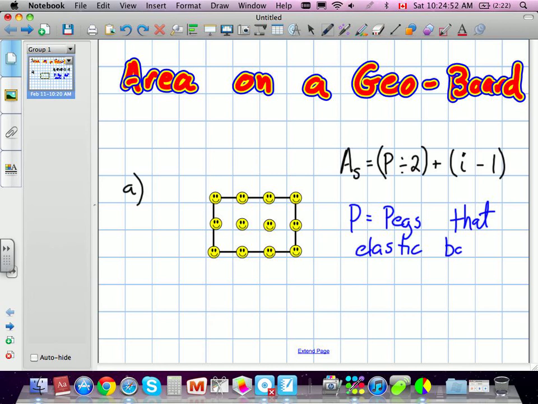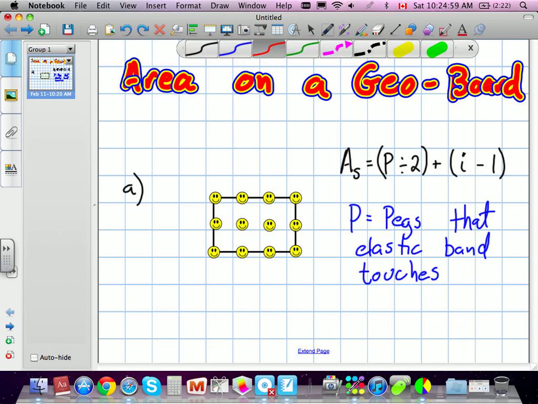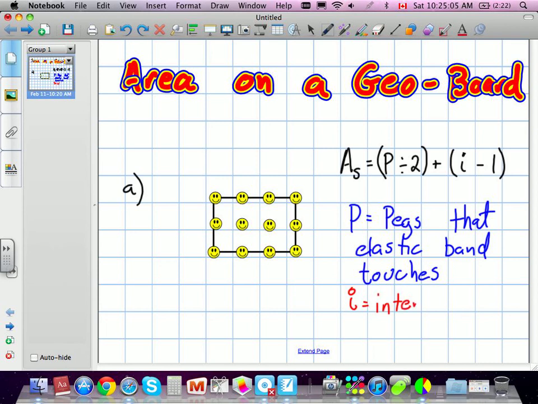This is an interesting little formula. And let's talk about our I. I is interior pegs, so inside the shape, in brackets, inside shape. So not including those pegs that the elastic band touches.